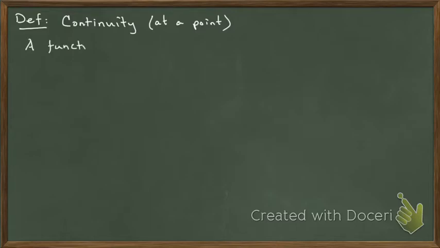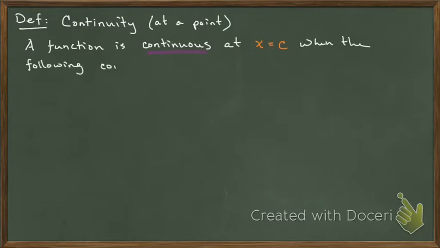A function is continuous at x equals c when the following conditions are met. Those conditions are as follows. Number one, f of c is defined. That's like the first picture I drew. I'm able to plug in c to my function and get a value back.